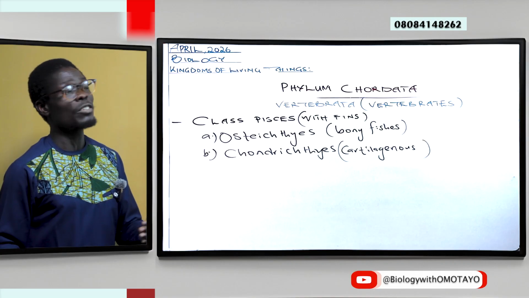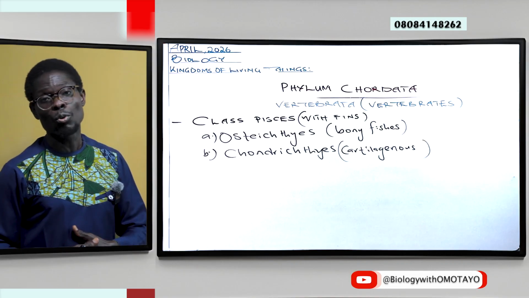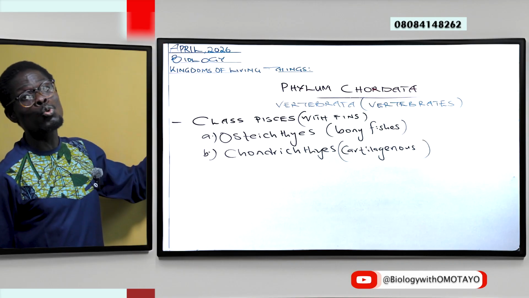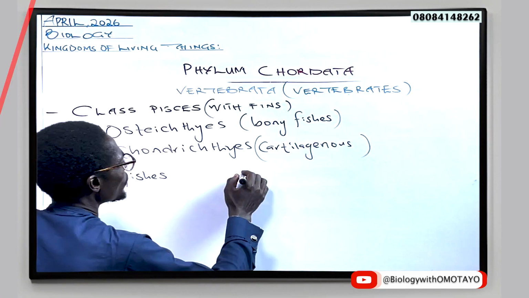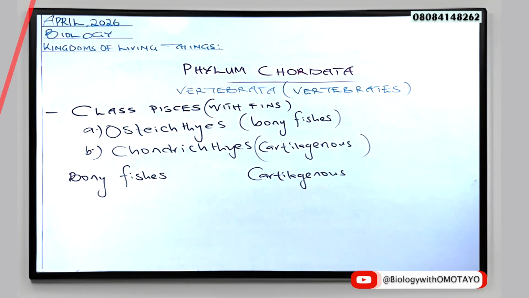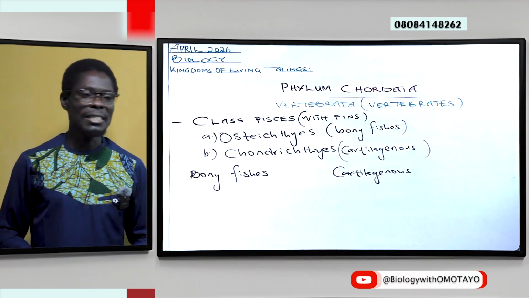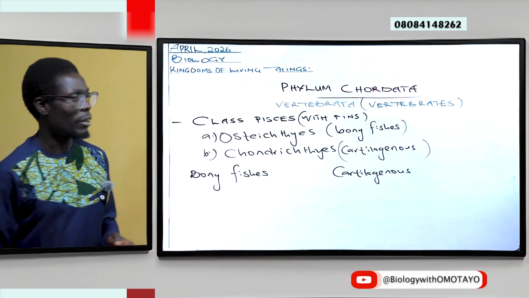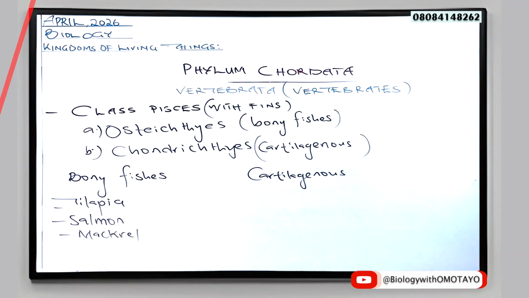And before we take even the general characteristics, we can as well identify a few examples with regards to these two groups. Like for our bony fish, we have examples like the tilapia, the salmon, the mackerel, among others.